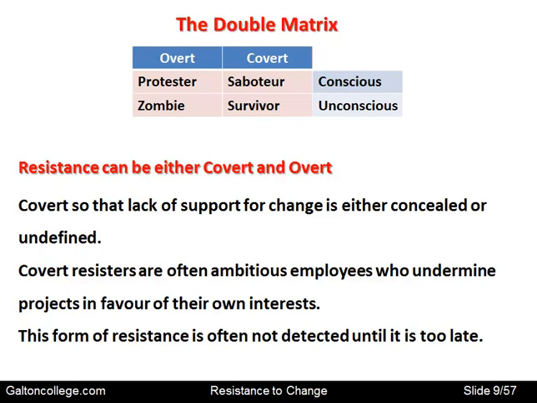It's often not detected until it's too late. Sometimes after some proposed change has failed or not been implemented, the reasons why it wasn't implemented come to the surface. They come to the surface because one person may have altered the timings of the meetings, or changed some aspect of the information associated with the change.